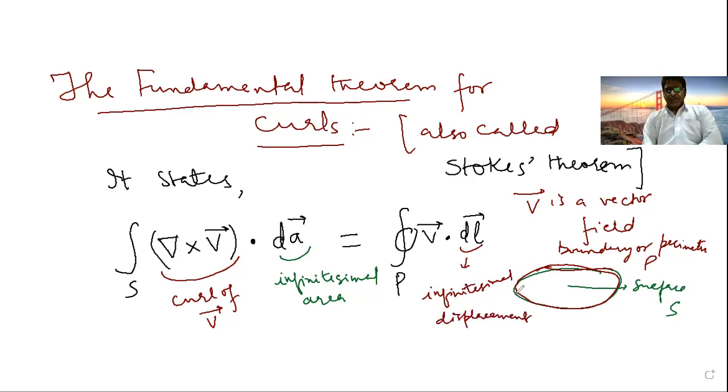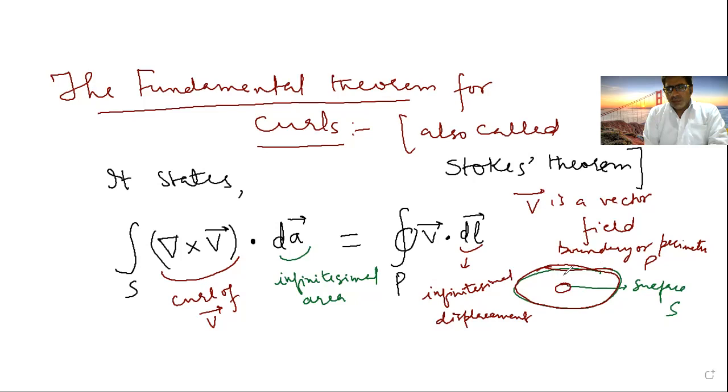Now what is this theorem saying? It's saying if you have some vector field, then you calculate its curl. The curl of a vector is also a vector. Then you dot that curl with infinitesimal area. That means you will have some surface, and you divide that surface into small elements, dA.